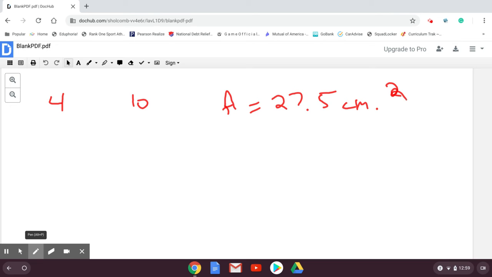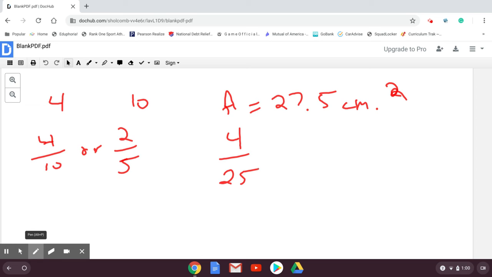Okay, well, my a over b is 4 over 10 or 2 over 5. But we have to square both of those because we're talking about area. And so it's going to be 4 over 25 when discussing the areas.